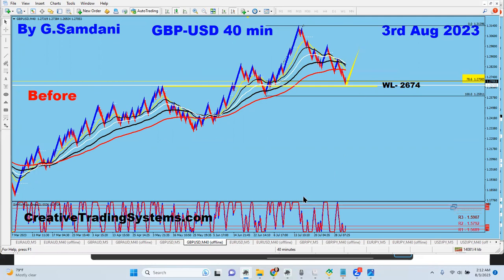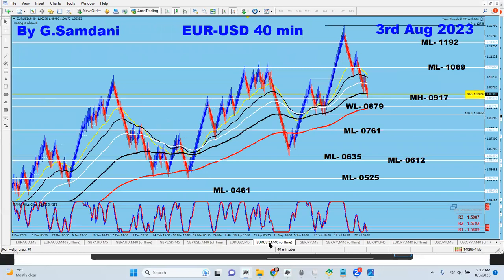And similarly, Euro USD, if you look at it, we have a similar situation here, that if you pull the fib from here to here, the last rise, we came back to 0917 as an out level, as well as 78%. So this is a nice drop. The trend is still up, and we're supposed to go to the upside. Remember the weekly chart? I don't have it open here right now, but yeah.